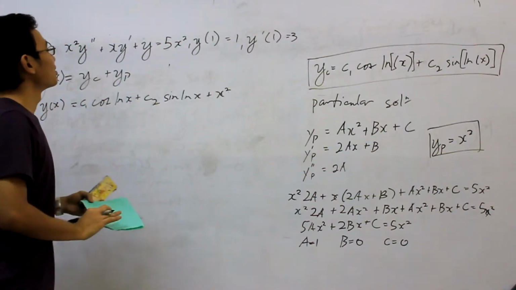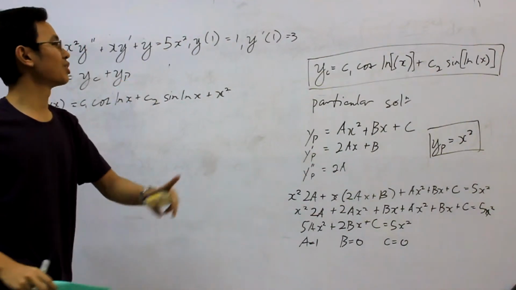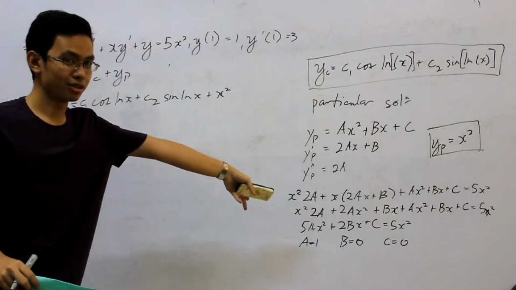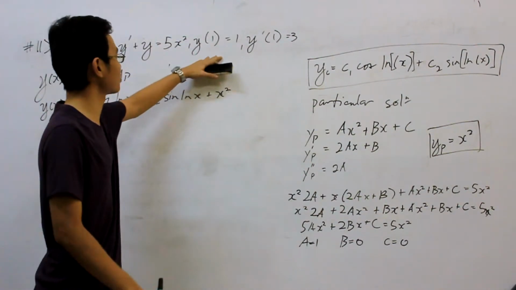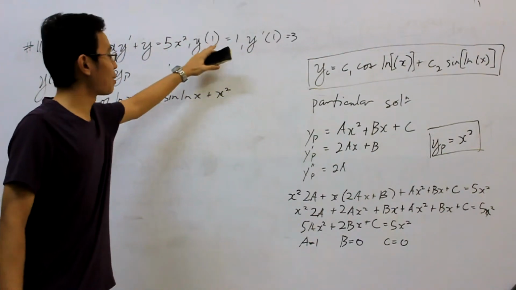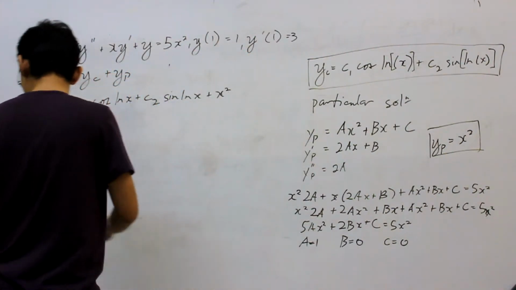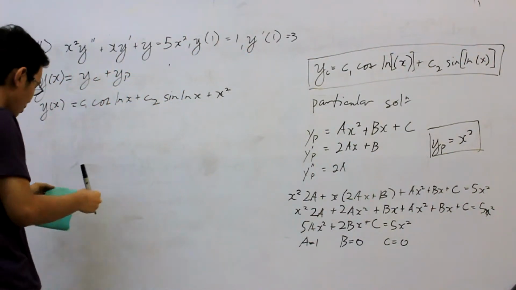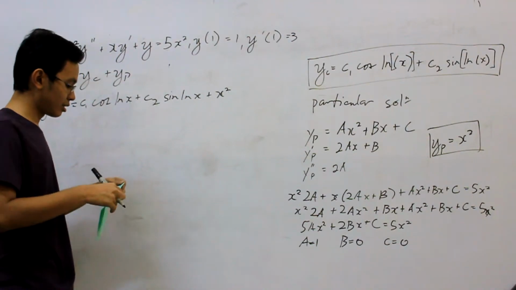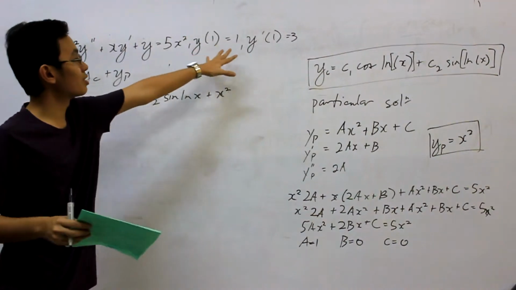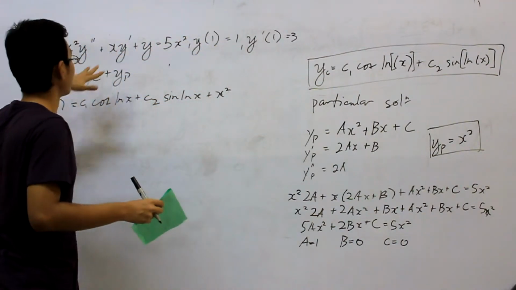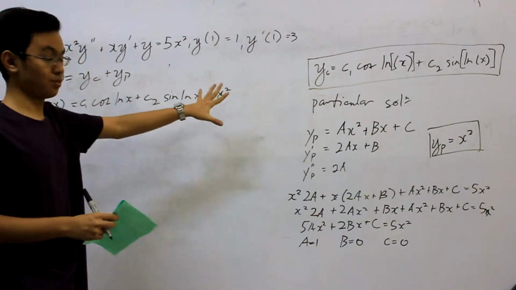We have to solve for the particular solution, which means applying these initial values here. So how do we do that? Well, we could do that by substituting these terms into this equation.